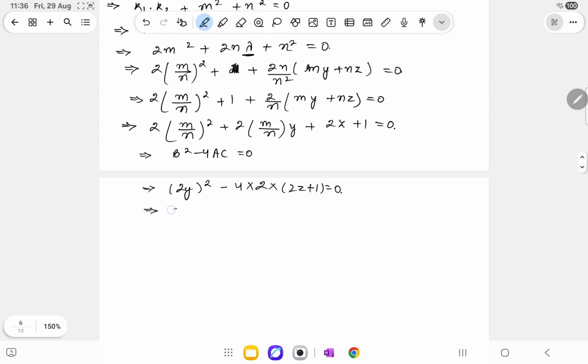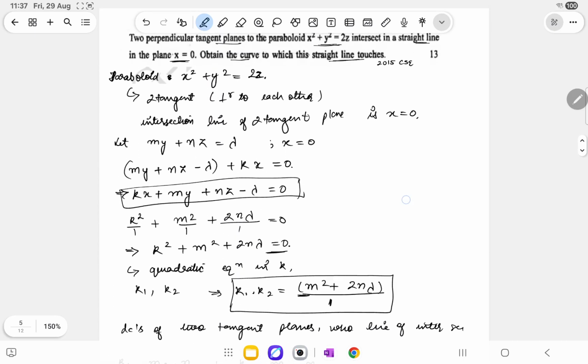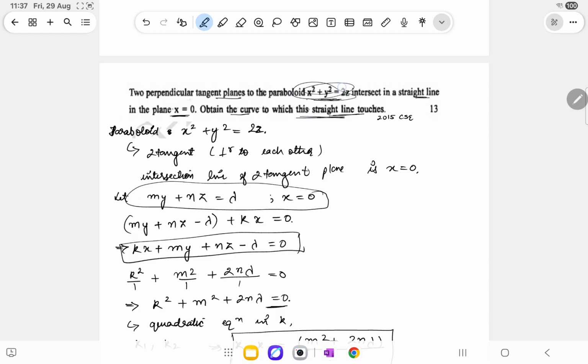If we simplify it, we'll get 4y square minus 8 into 2z plus 1 equals 0, which is basically y square minus 4z minus 2 equals 0. And x is also equal to 0. So this is the required curve when the straight line that we got by the intersection of these two tangent planes is touching the given paraboloid.